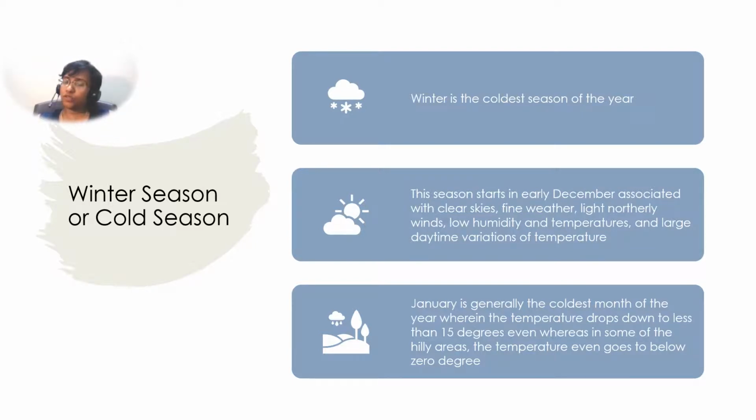And it is associated with clear skies, fine weather, light northerly winds, low humidity and temperature, and large daytime variations of temperature. January is generally the coldest month of the year, wherein the temperature drops to less than 15 degrees. Even in certain hilly areas, the temperature sometimes goes below 0 degrees.